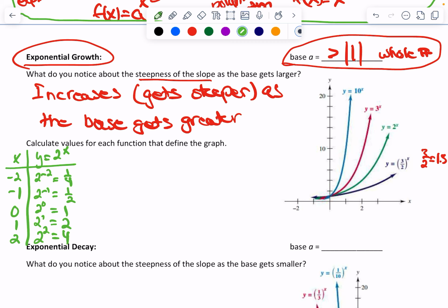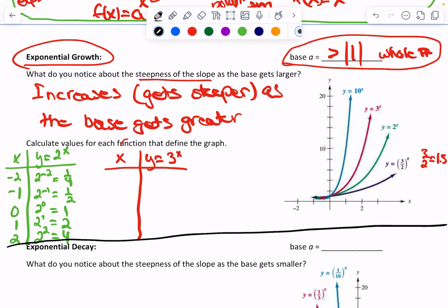Next, we're going to do y equals 3 to the power of x. I need to make sure that, again, I don't cut in. Okay. So, same x's.